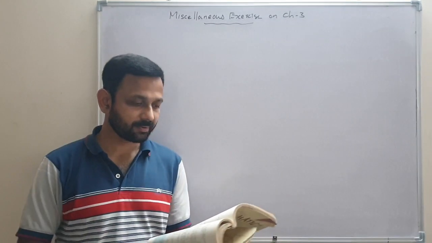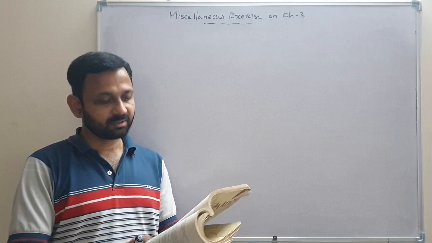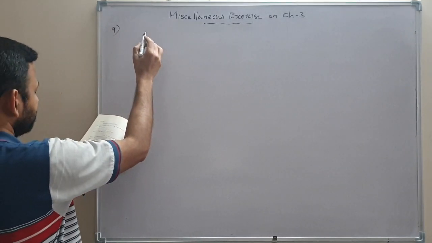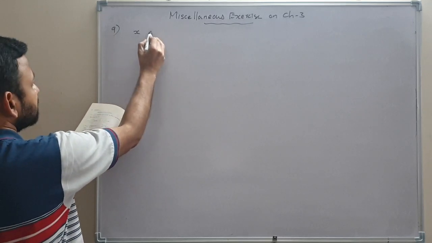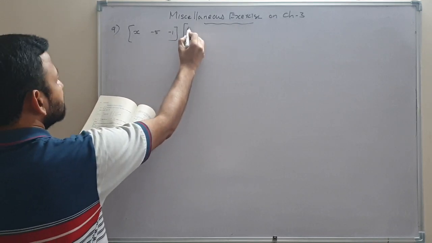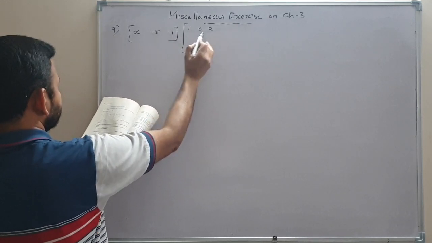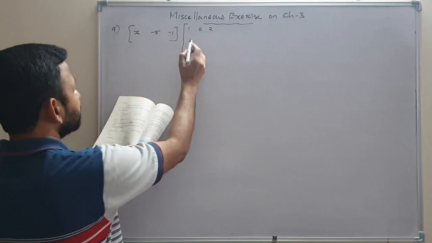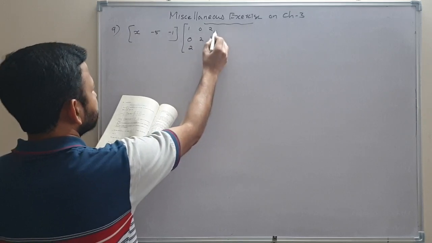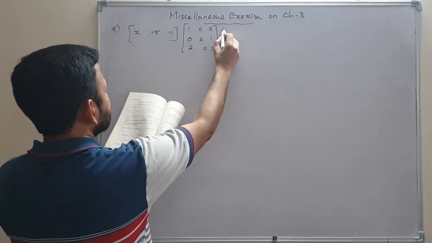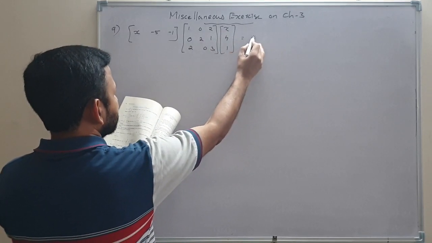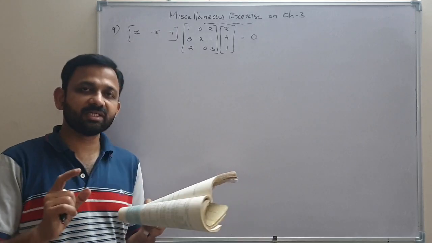Now we are going to do question number 9. So here, x minus 5 minus 1 into another matrix 1 0 2, x minus 5 minus 1 1, 0 2 0 2 1 2 0 3, then x 4 1 equal to capital letter O. That is not a 0, that is 0 matrix.